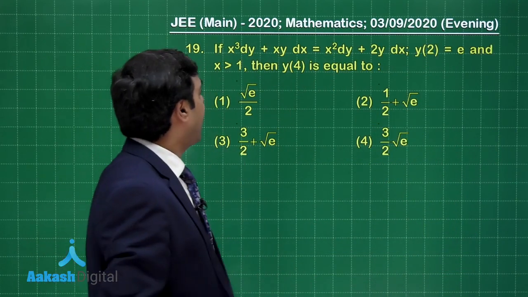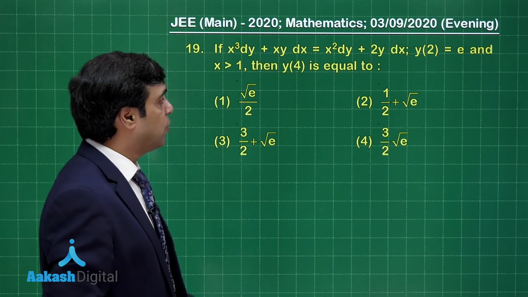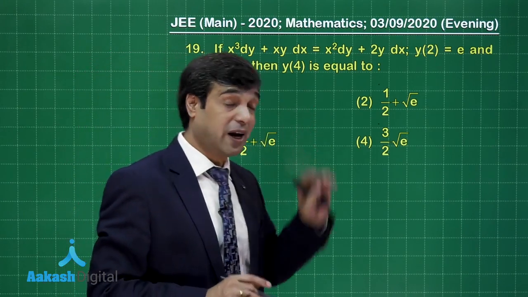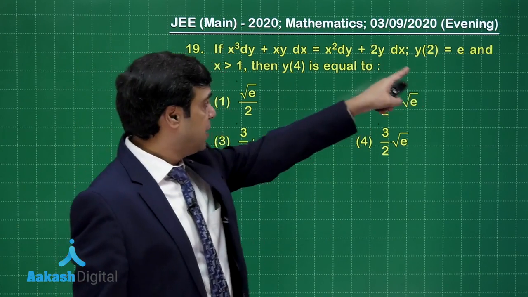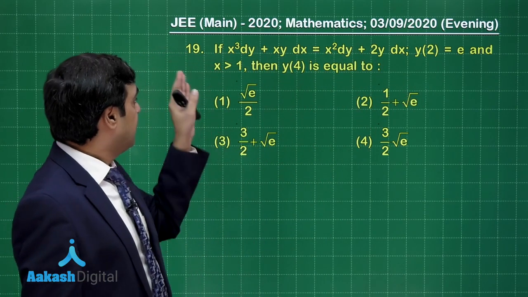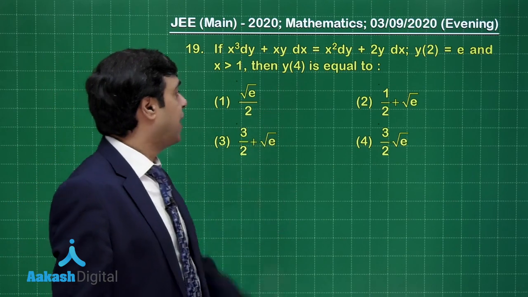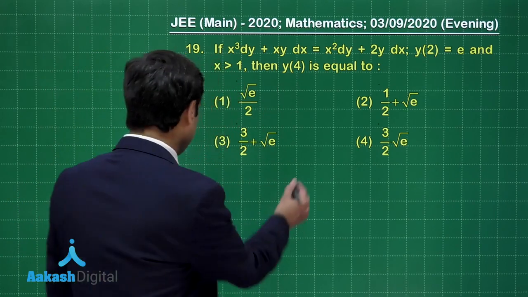If x cube dy plus xy dx is equal to x squared dy plus 2y dx, one differential equation is given. Initial value condition like y2 is e, x is greater than 1, we have to find y4. Let's try.